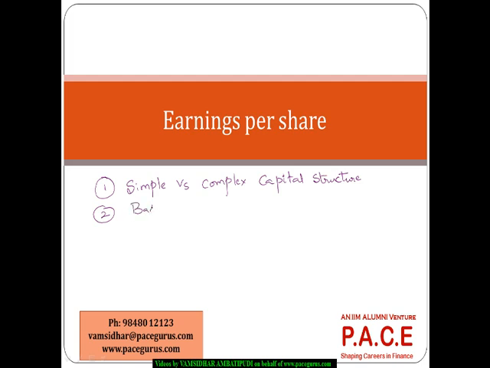And even in the earnings per share computation, I would look at the basic EPS as well as the diluted EPS. Diluted is something we need especially when there is a complex capital structure.